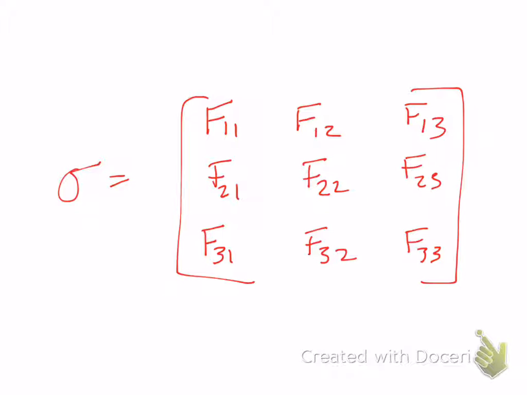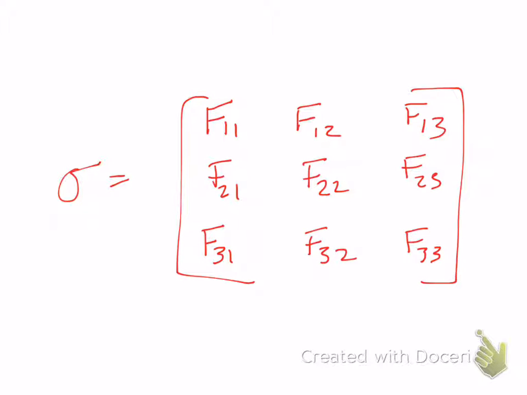So the first number, when we write these out, is the normal to the area. It doesn't end up mattering very much in the end, but it's just good to think about it that way.